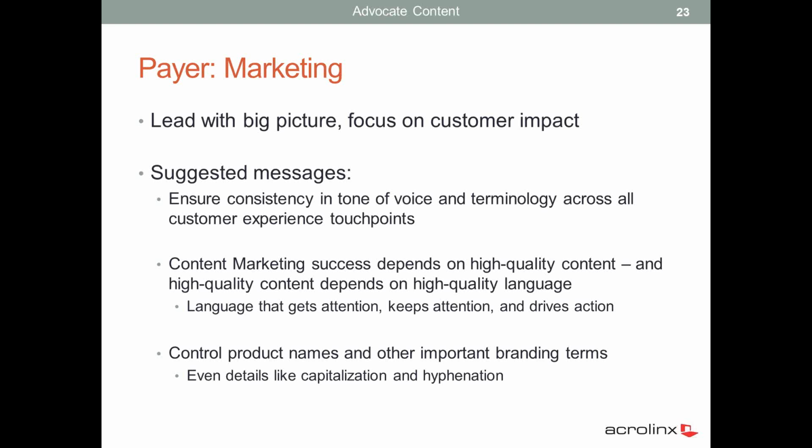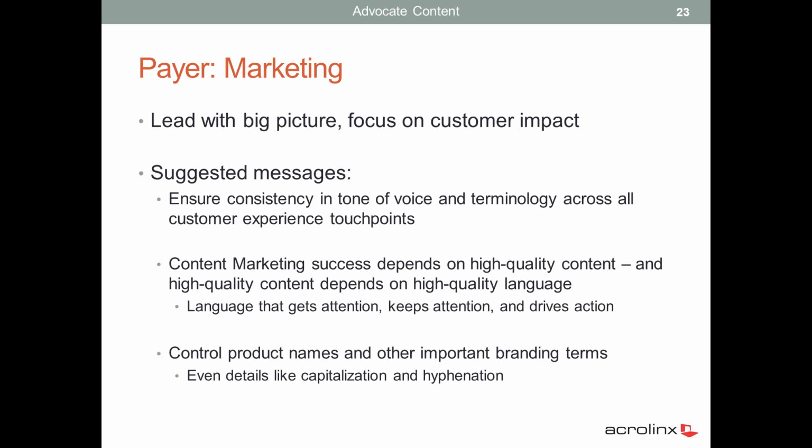If your marketers talk about customer experience, and in many organizations, that's one of the top concerns of marketing executives, then what they're after is high quality and consistent interactions at every customer touch point. And content plays a huge role there. And so I think they can be easily persuaded to believe in the importance of content in that.